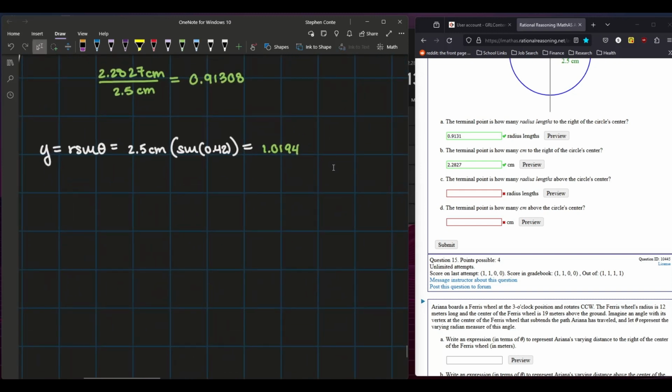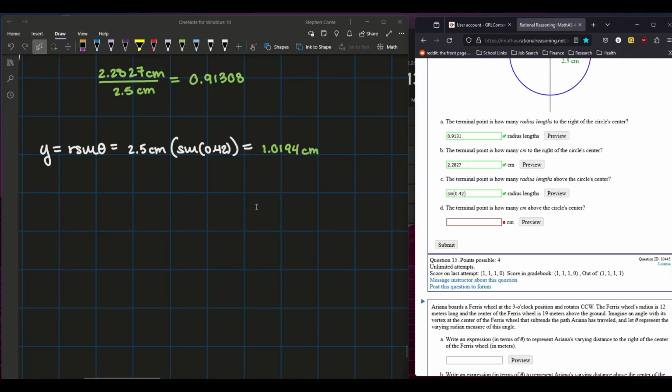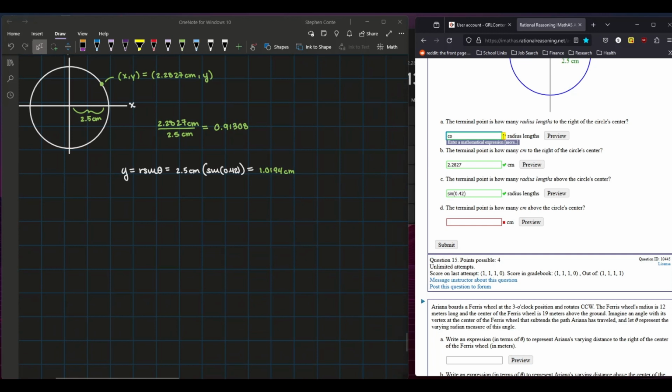Okay, so this is the answer in centimeters, right? I think we could also just say sine of 0.42 instead of doing that whole long-winded piece. I could just ask, how many radius lengths is it to the right?